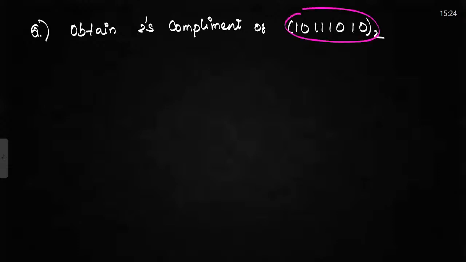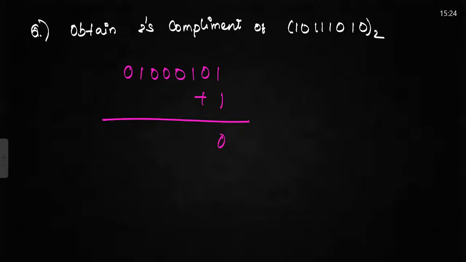So the 1's complement is always the reciprocal of the given binary number. So here this is my binary number. My reciprocal is 01000101. So this is my 1's complement, and simply I will add 1. Then I will get the 2's complement.